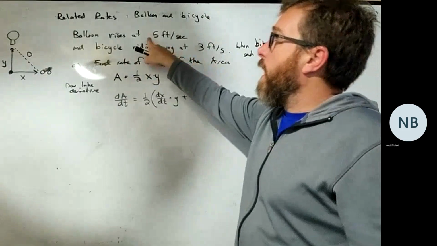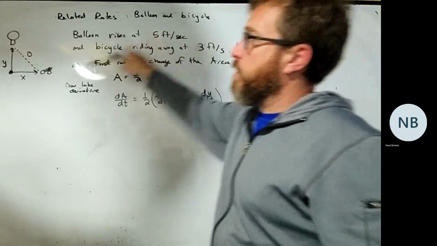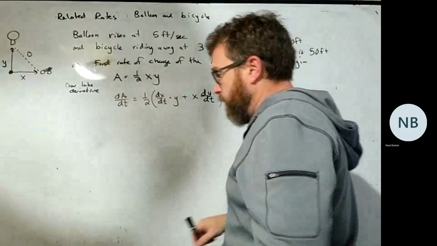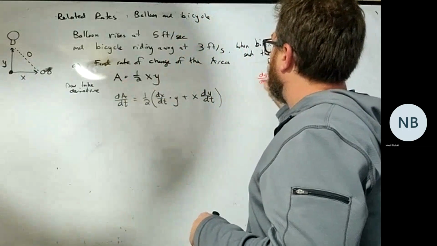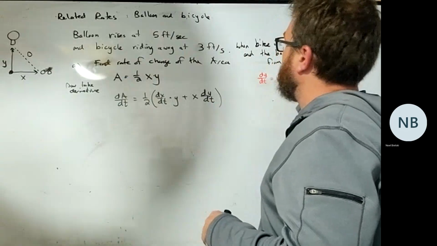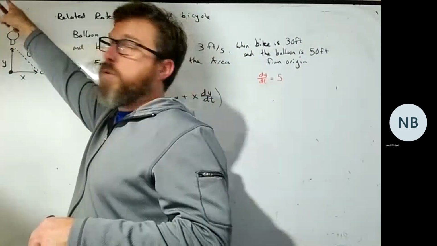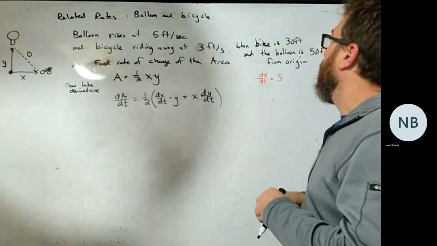So the balloon rises at 5 feet per second. Rising means that this is a rate of change, so this is not y, this is actually the change in y. So from that, I know that dy/dt is equal to a positive 5, because the thing is going up, because y is getting bigger. If this balloon was going down at 5 feet per second, this would actually be a negative 5.